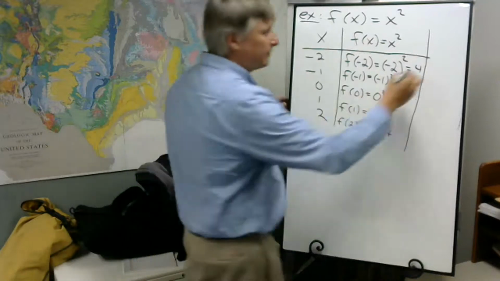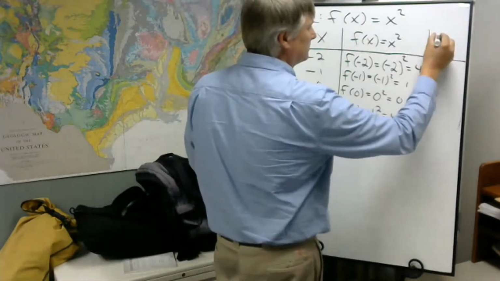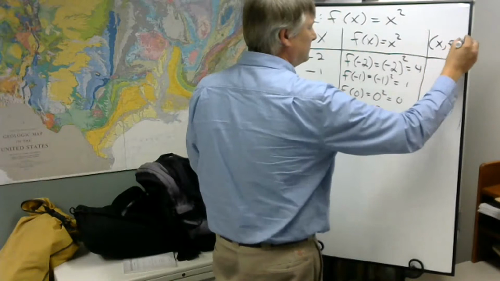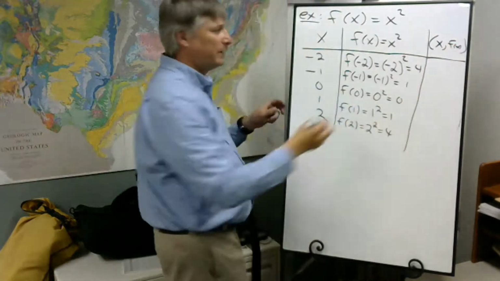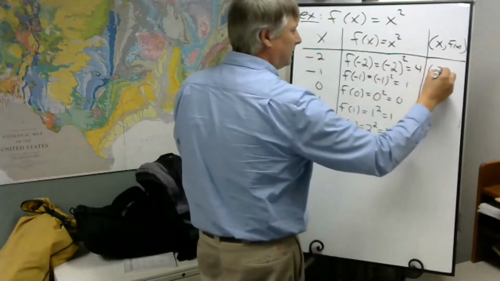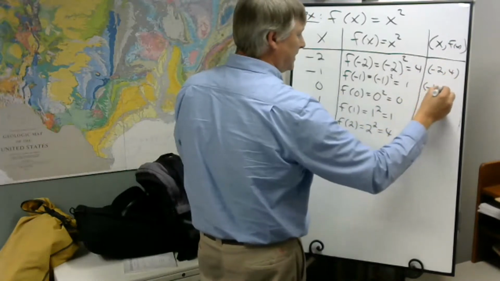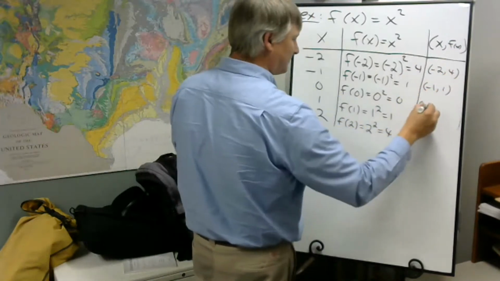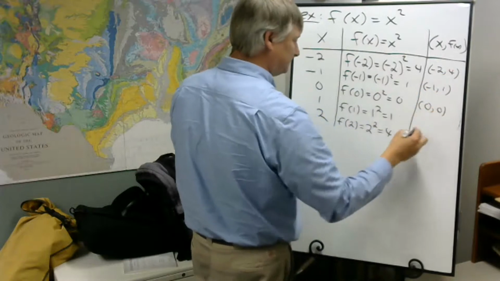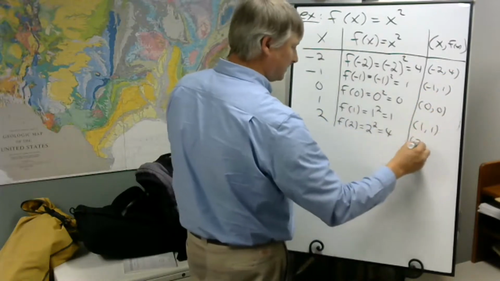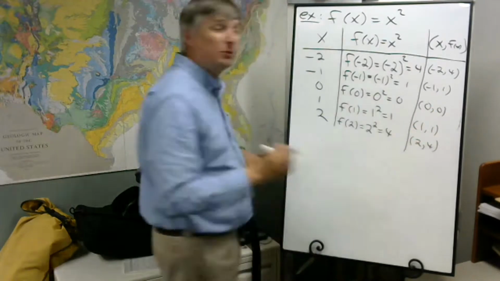So now we gather our ordered pairs. And so we get -2 and 4, -1 and 1, 0 and 0, 1 and 1, 2 and 4.